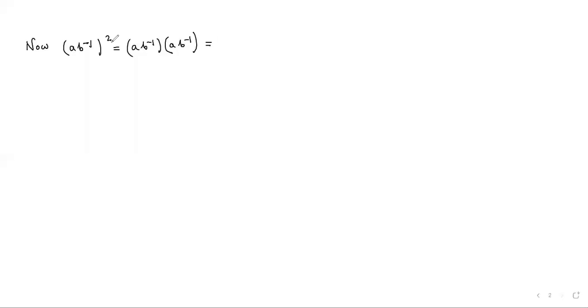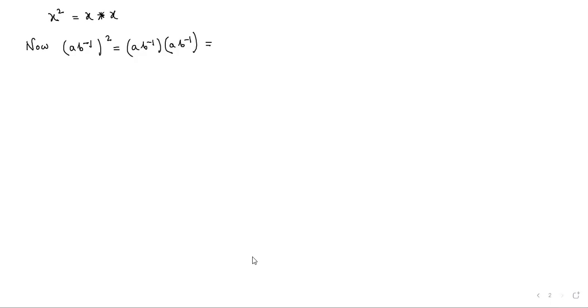Remember one thing, when I'm writing square, this square is actually not the usual square that we mean for a particular number. This square means I'm taking the terms twice and I'm associating these two terms with one another by the binary operation that has been considered.